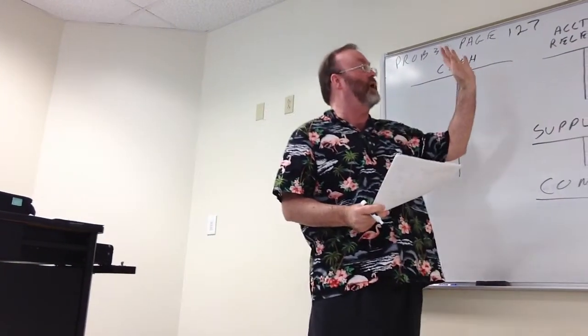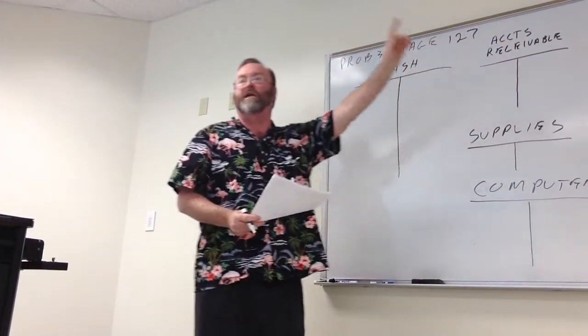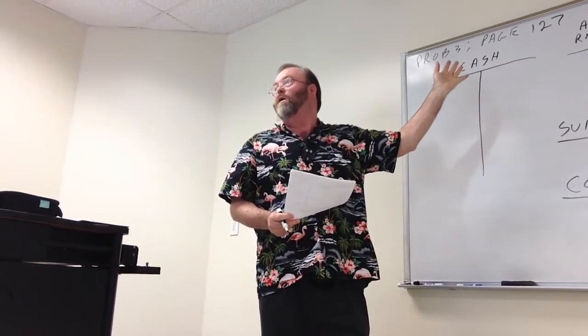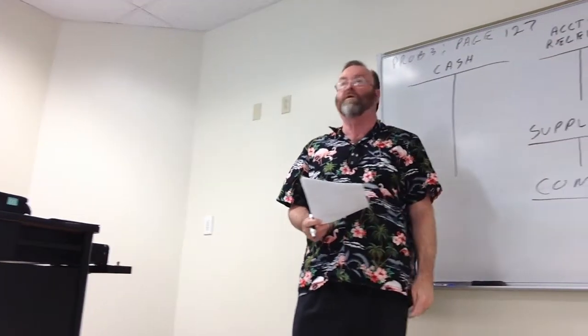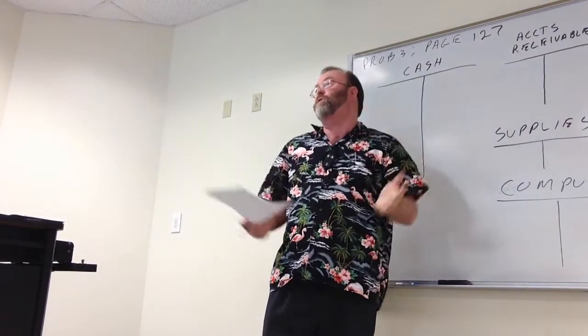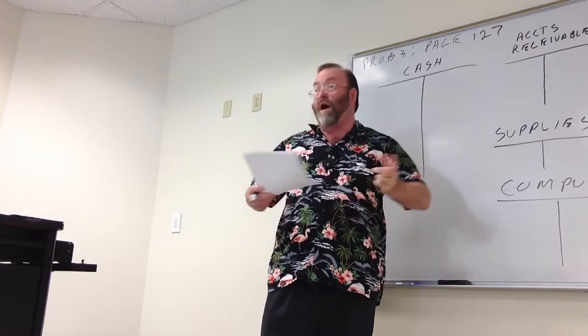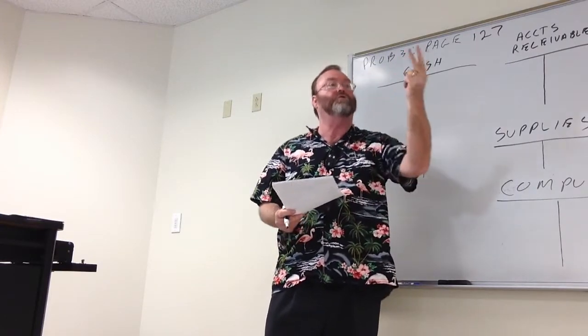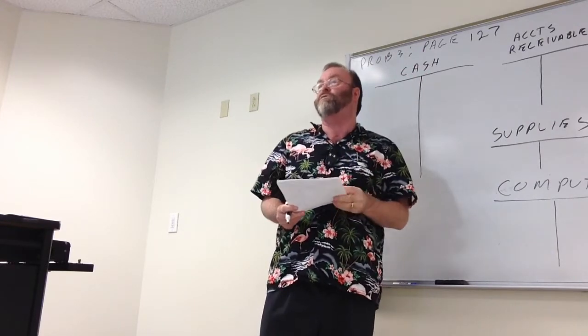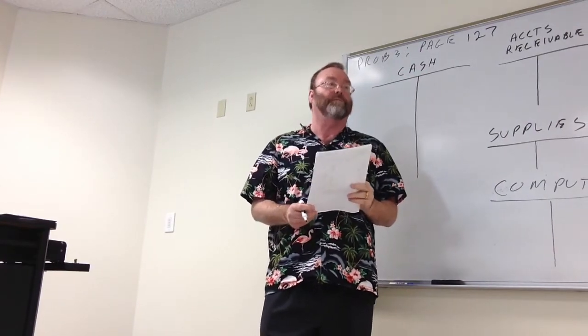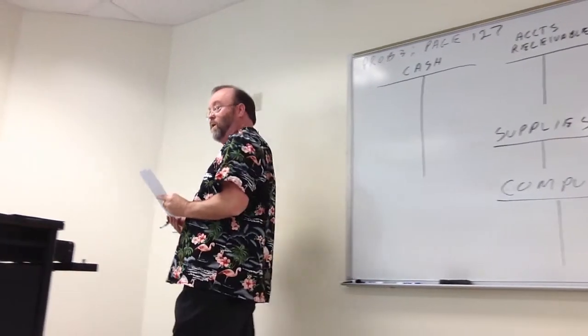We're to analyze those transactions and then record them in the accounts that are affected using the double entry accounting system. For each and every business transaction that requires an entry, there will be 2 accounts at a minimum. There may be more than 2, but at a minimum 2 accounts for each one. All right? Everybody clear on what it is we're doing?